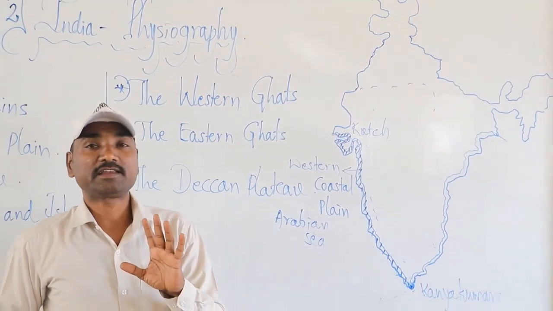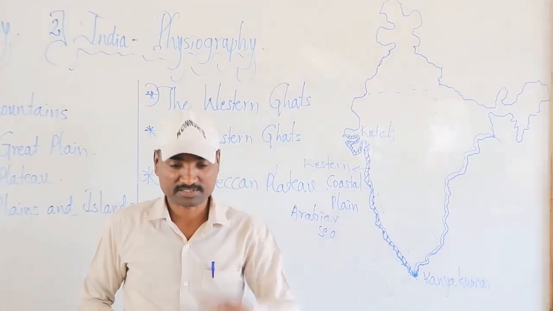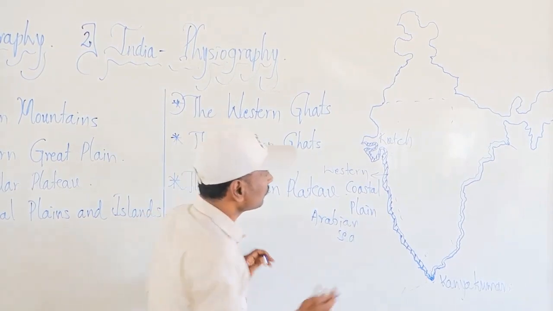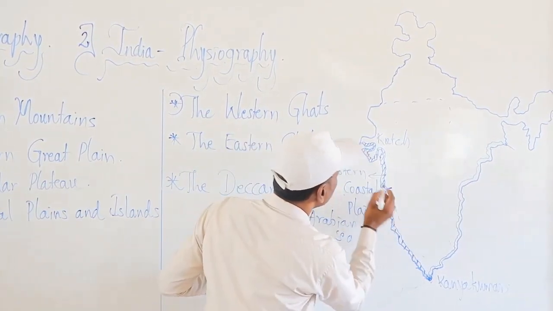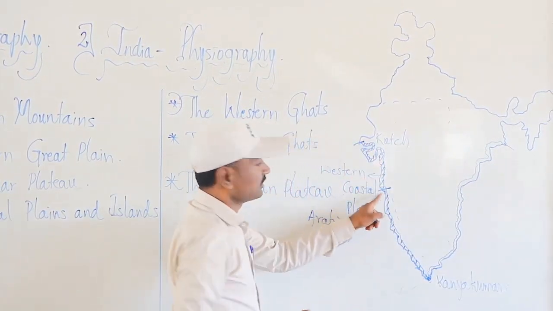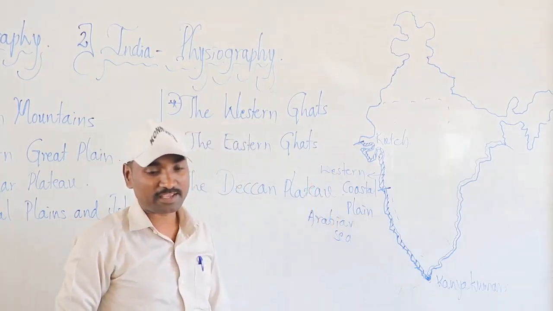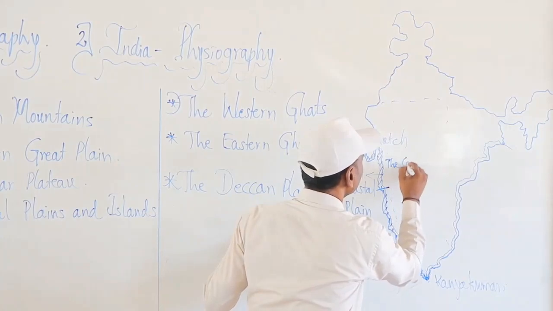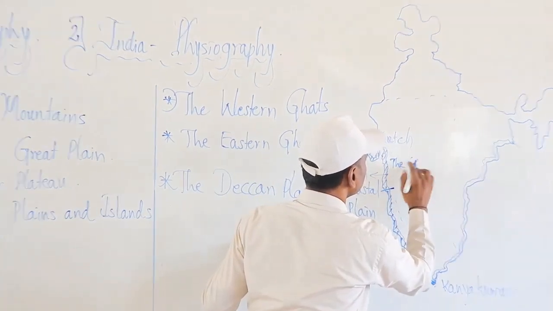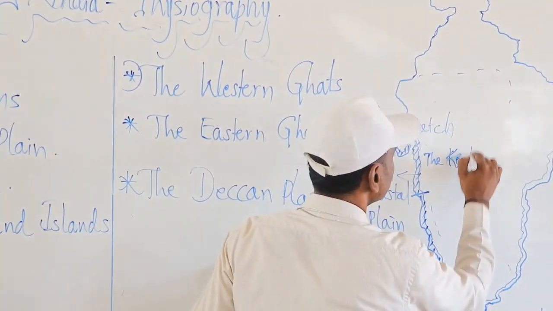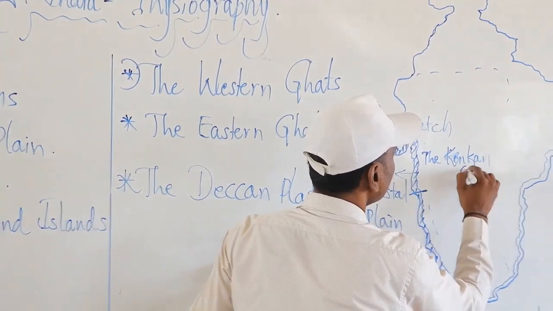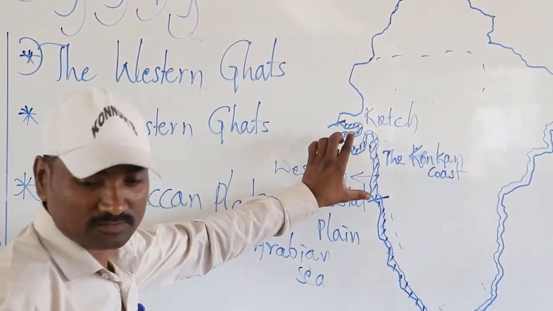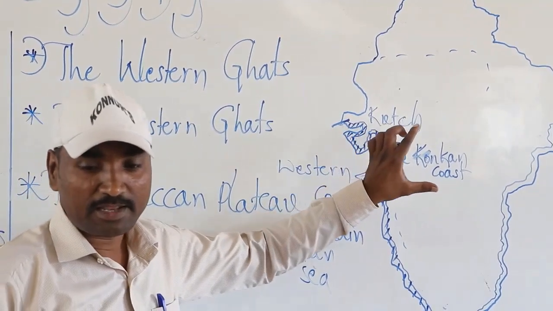This coastal area is divided into three parts. One is from Gujarat to Goa; this area is known as the Konkan coast.